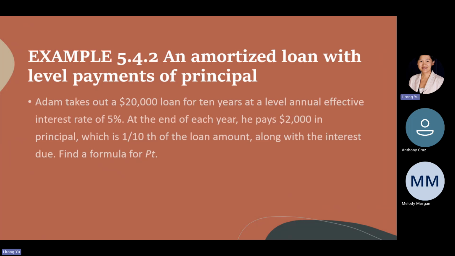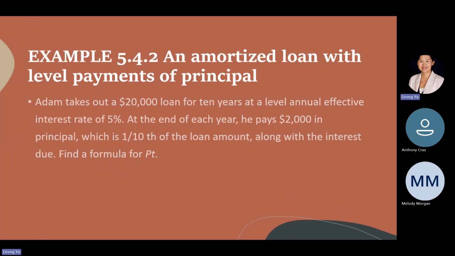Adam takes out a 20,000 loan for 10 years. Interest is 5%. At the end of each year, he pays 2,000 in principal, which is 1/10 of the loan amount, along with interest. Find the formula for PT.